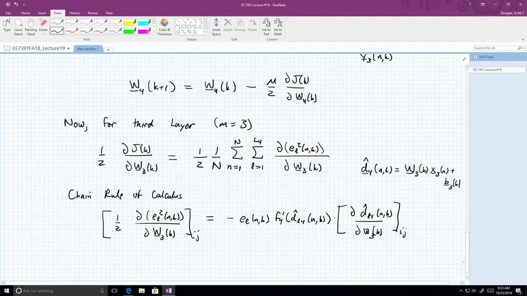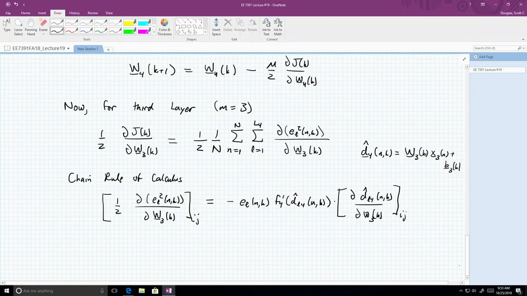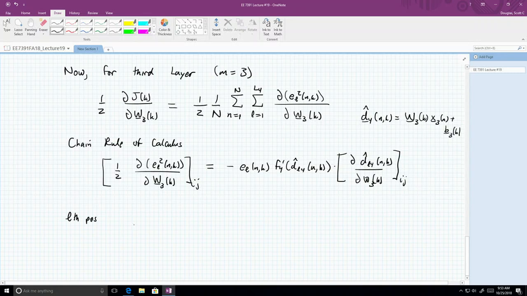Now, what this means is that I can look at the Lth position of this D hat L4. I have this vector. Well, actually, this is the interesting thing.